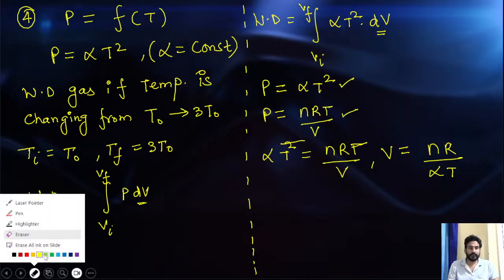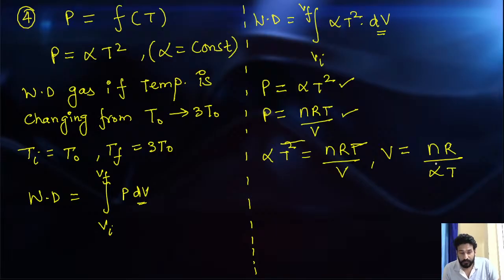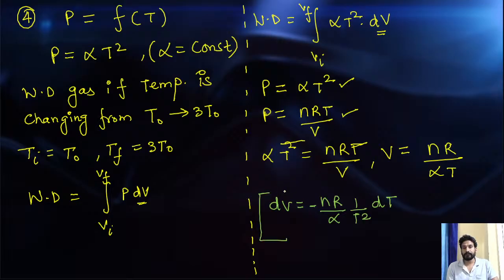I hope that you know the differentiation of U by V. So dV is equal to nR divided by alpha, this is my constant quantity. Yes or no? What is the differentiation of 1 by T? It is minus 1 by T square into dT. This is the dV value.